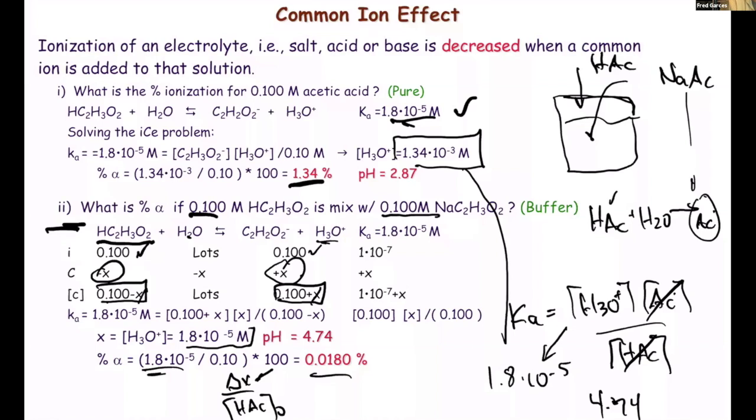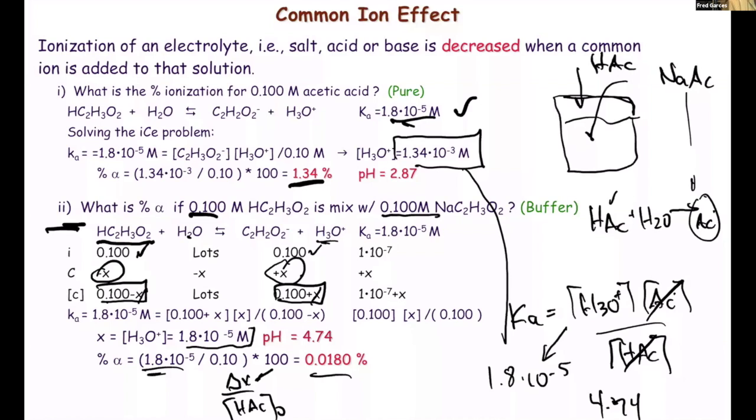So in other words, in the presence of a common ion, the efficiency of that reaction to produce hydronium is deterred. It's basically lowered, and that's true. And that's why we can use this concept for buffers, because buffers are solutions in which the hydronium ion concentration doesn't change significantly, or the hydroxide ion concentration doesn't change significantly.